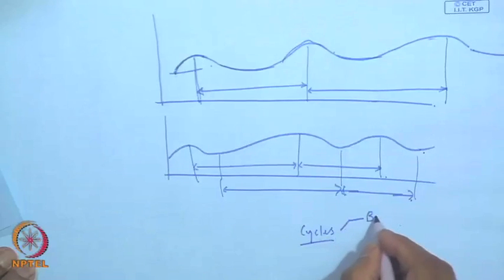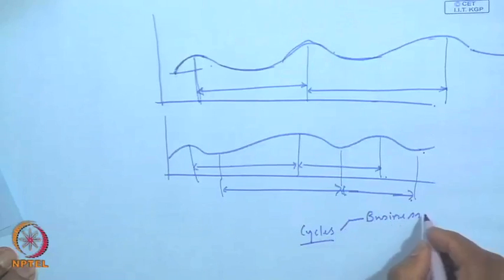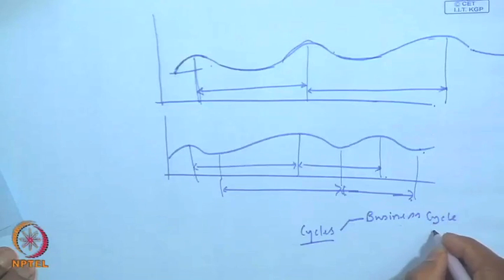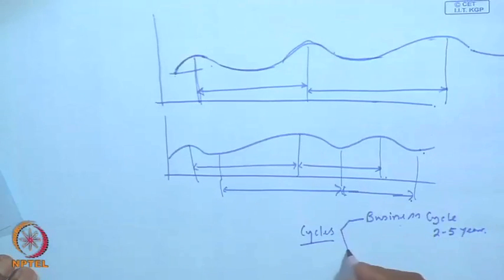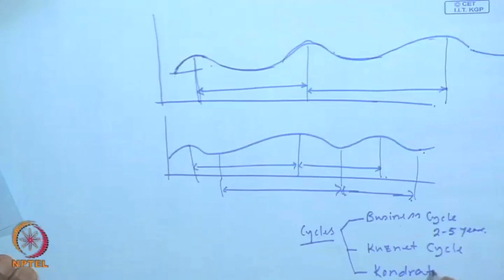We call it the business cycle, 2 to 5 years, and there are other cycles such as the Kuznets cycle and the Kondratiev cycle. Kuznets cycle periodicity is between 5 to 10 years. Kondratiev cycles are called long waves, between 50 to 100 years.